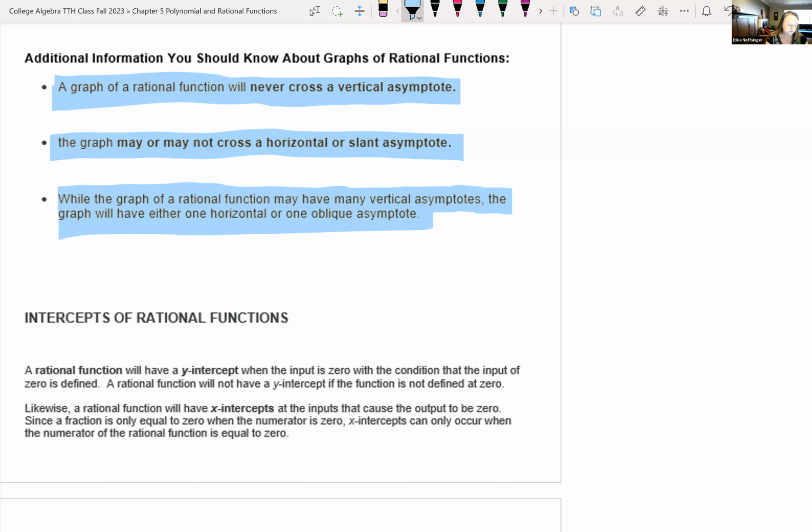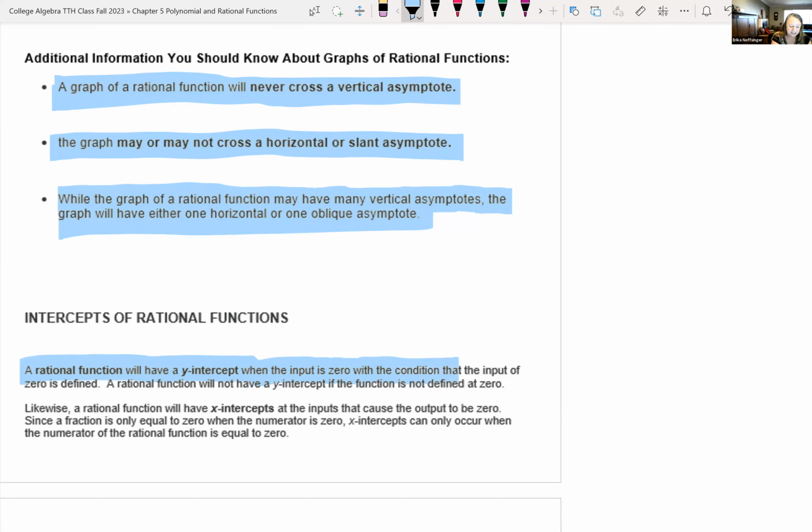And then it's going to be helpful when we're graphing these rational functions to be able to find the intercepts of our rational function. So a rational function will have a y-intercept when the input is 0. So if we put in our input of 0, when x is 0, that gives us our y-intercept.